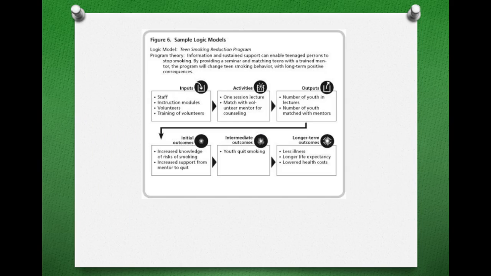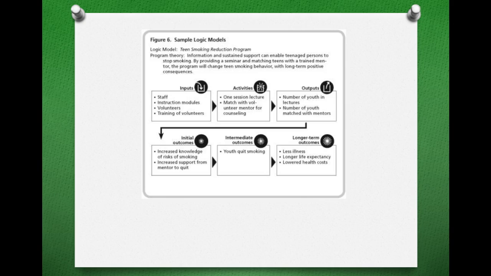Here's another example of a logic model and the steps. Inputs, I think most people get pretty well dialed in. Most people struggle among the activities, outputs, and outcomes. So if the activity is to deliver a one-session lecture, the output would be either the length of that lecture, or how often that lecture is given, or the number of youth in the lectures.